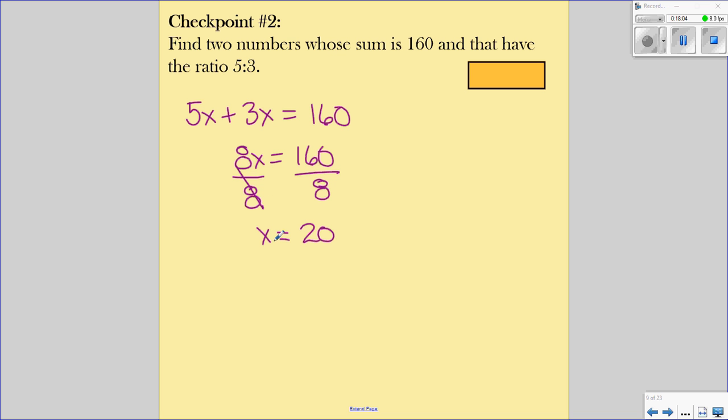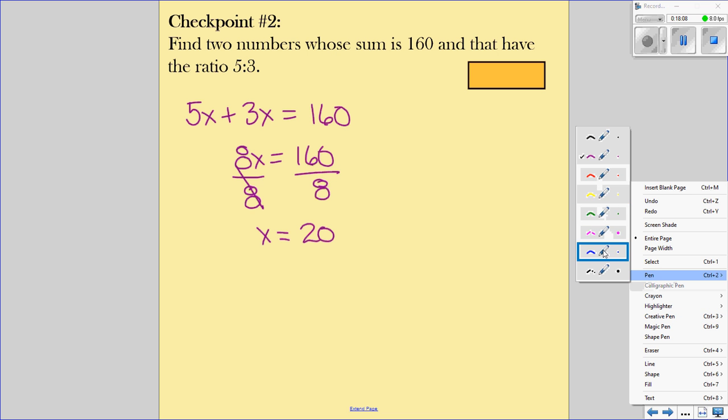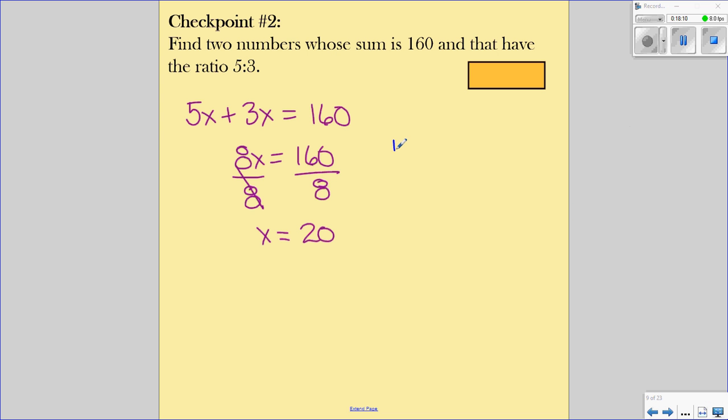Gives you your x, and now you're going to plug it in. So we had 5x and we had 3x. 5 times 20, 100, and then 3 times 20 is 60.